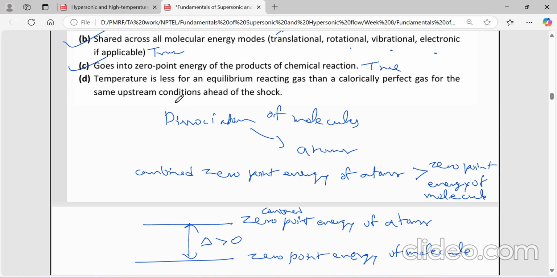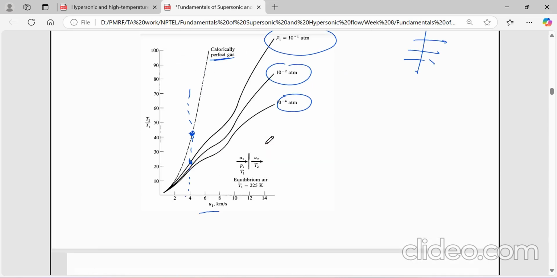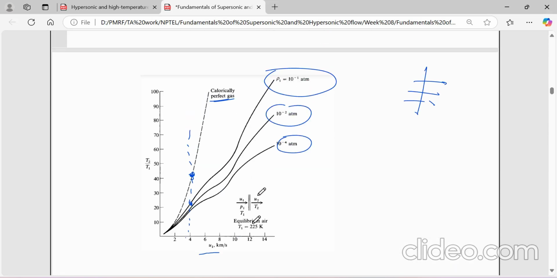Option D: temperature is less for an equilibrium reacting gas than a calorically perfect gas for the same upstream condition ahead of the flow. In this figure we already saw the same upstream condition, T1 equal to 25 Kelvin, and the temperature which we are getting for the calorically perfect gas was very high compared to what we are getting for the equilibrium chemically reacting gas.